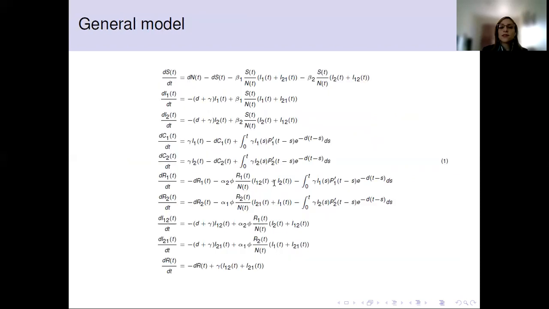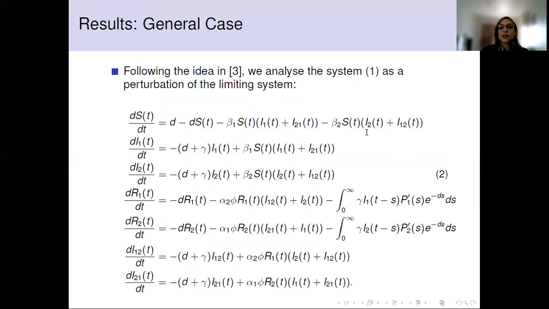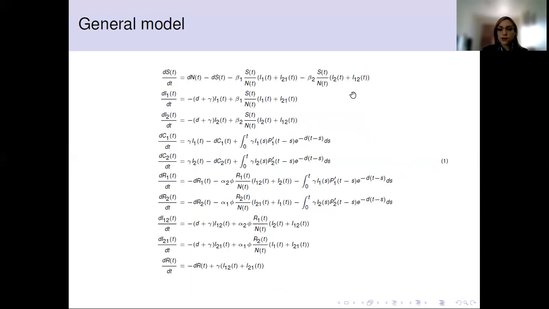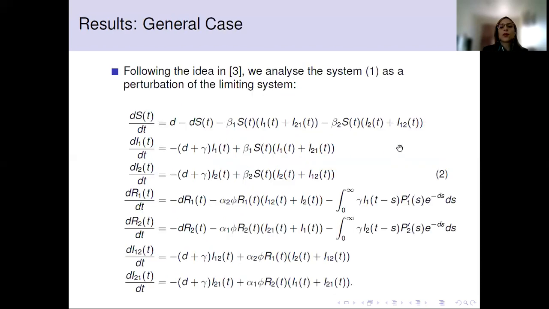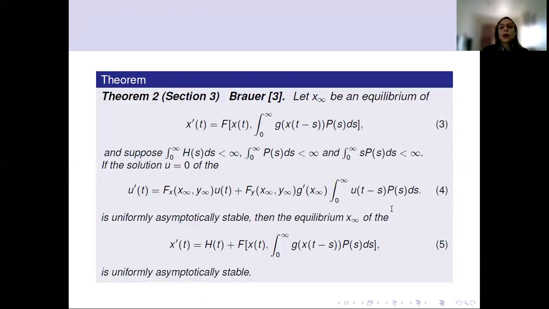To study this model with a general period, with this distributed delay term, we use the ideas in Brouwer. So we analyze a limiting system that is a perturbation of this model. Then we are going to study this limiting system.